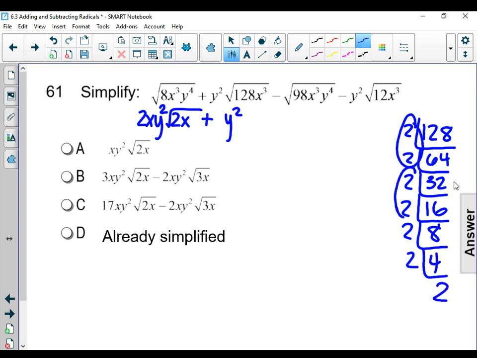I have 1 pair, 2 pair, 3 pairs. That gets me 8, 2 times 2 times 2. And then I have a square root of 2 still left. 3 x's again, 1 pair with 1 left over.